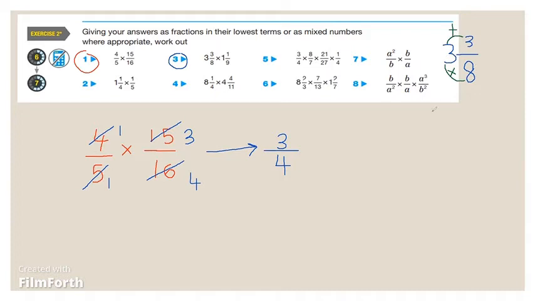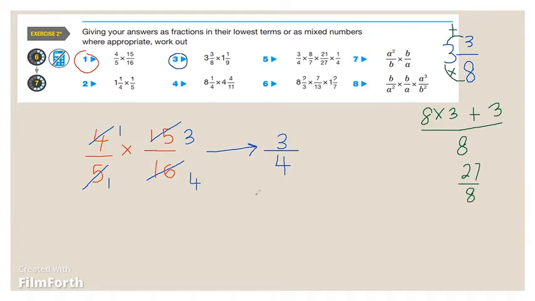8 times 3, that is the method we are using. So you take 8 times 3. After that, you add 3 and write the same denominator. Okay, we'll simplify. 8 times 3, it's 24. 24 plus 3, it's 27. 27 over 8. Okay, that is how we are getting that number.